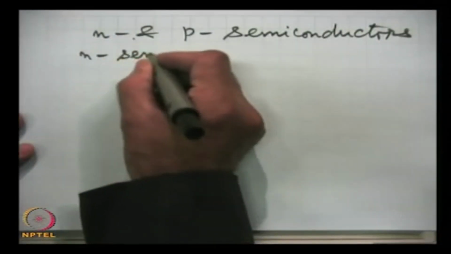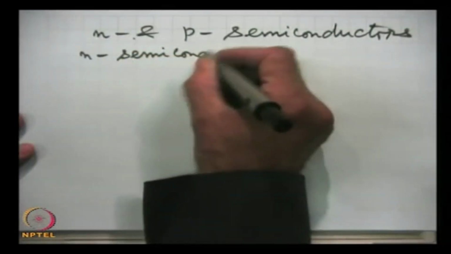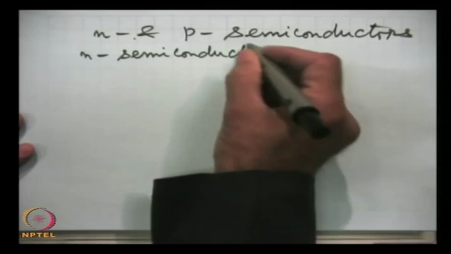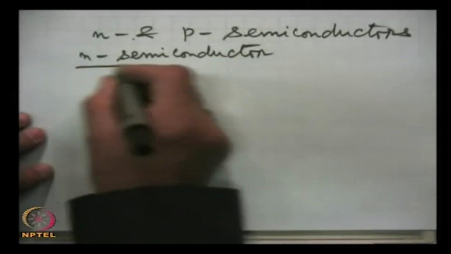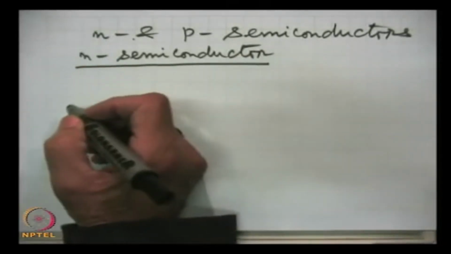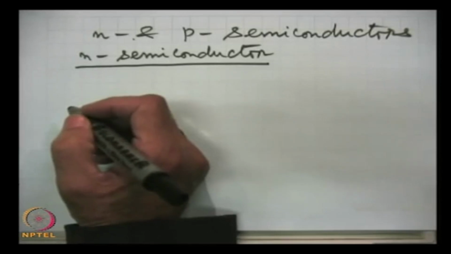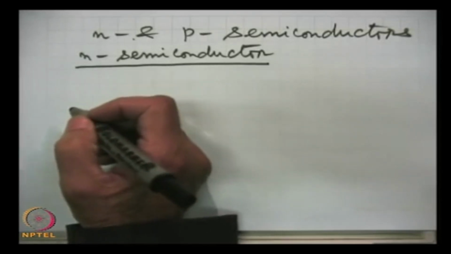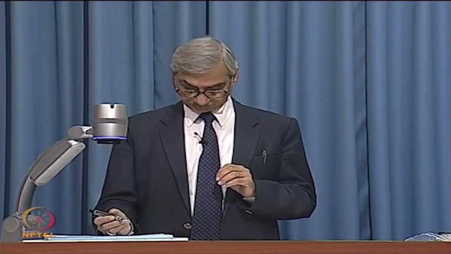First, I talk about N semiconductors. For an N semiconductor, we require a dopant, the material which we are going to mix with the pure material.